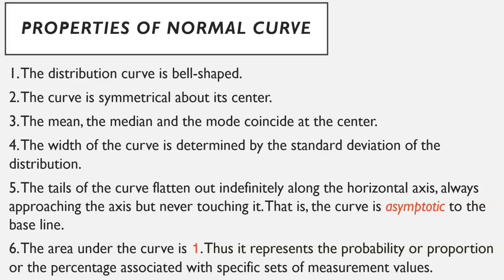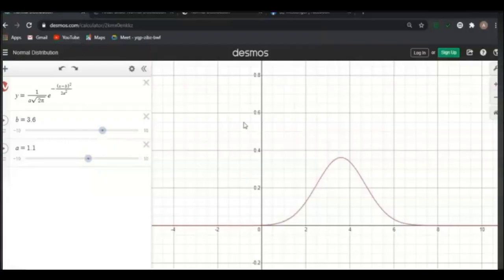Number 4, the width of the curve is determined by the standard deviation of the distribution. To understand further, let's look at this graph. This is the graph of a normal curve. So the B here at the side represents the mean, and the A represents the standard deviation. Now, if we move the mean to the right, we'll see that our normal distribution also moves to the right.